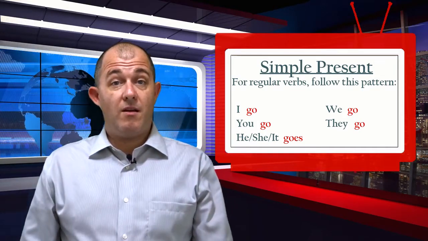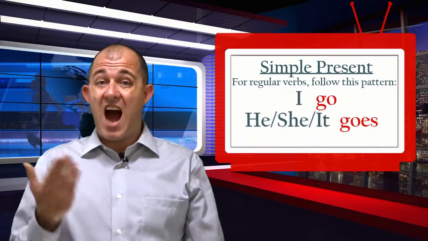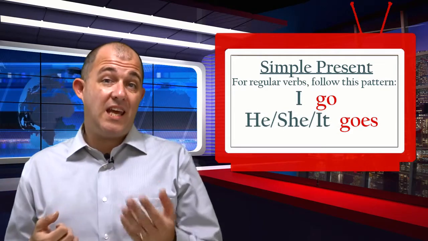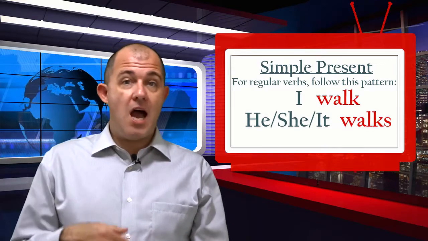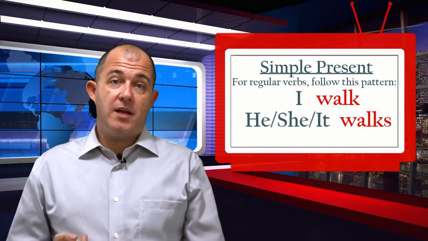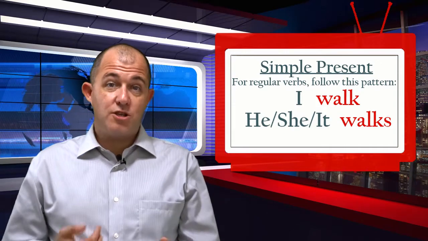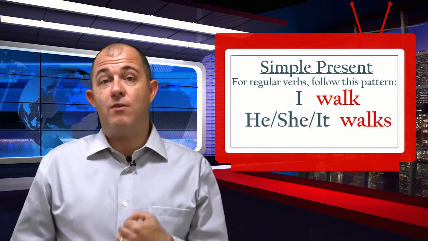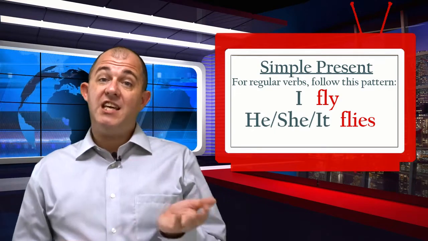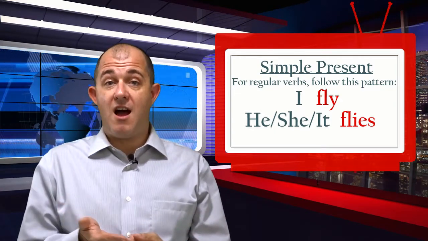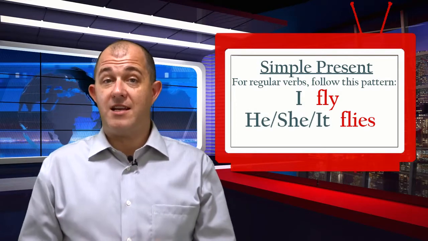So if we look a little more closely, you're going to say, I go, but he goes, she goes, it goes. I walk, but he walks, she walks, it walks. I fly, but he flies, she flies, it flies.